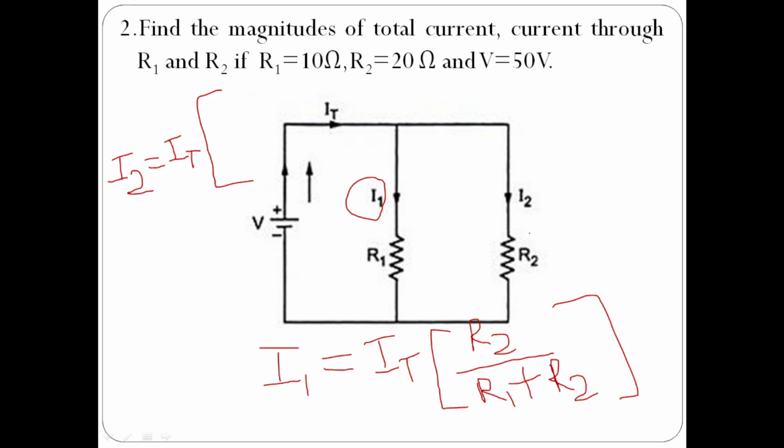I2 is flowing in the R2 resistor, and the opposite resistance of R2 is R1. So R1 divided by self resistance, that is R2, plus opposite resistance, that is R1. This is the formula to determine I1 current, and this is the formula to determine I2 current.